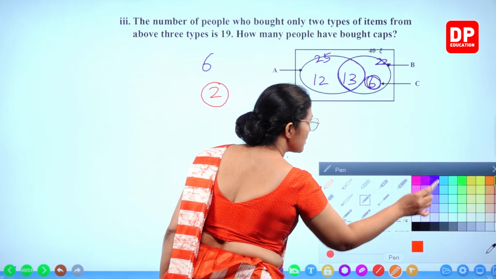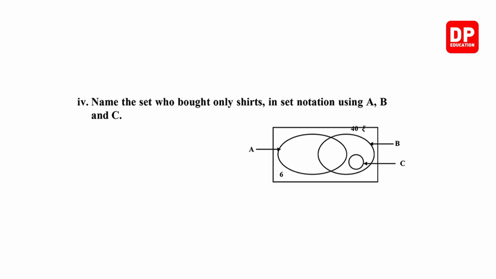Then the last part. Name the set who bought only shirts in set notation using A, B and C. Only shirts means this part. How can we write using set notation?